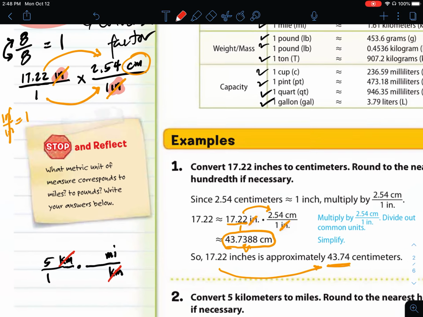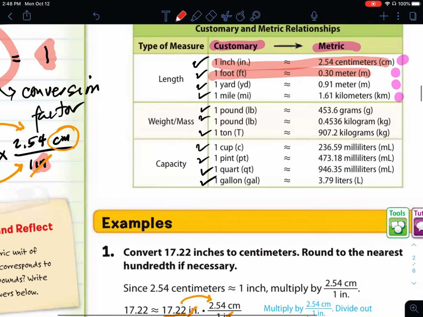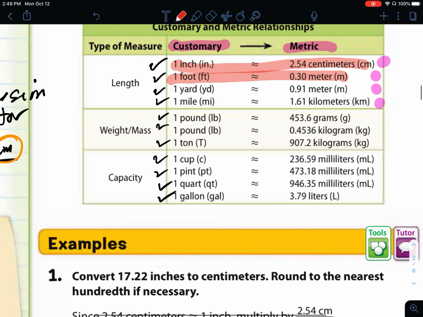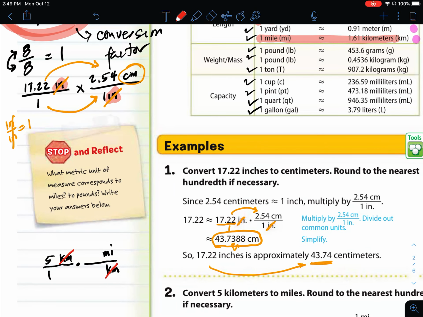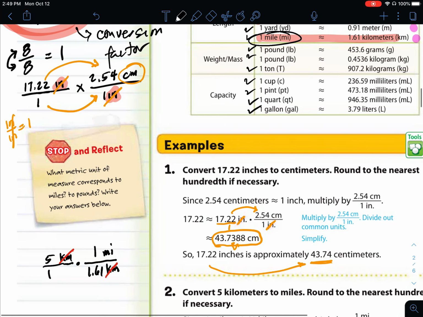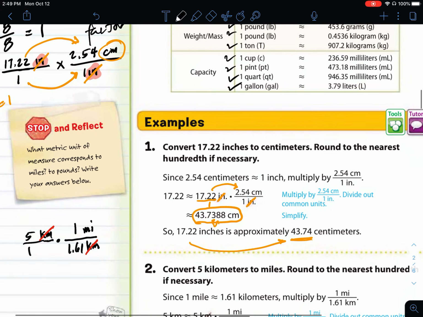Now let's see where you can see miles and kilometers. So here, look at our table again, here you see your miles and kilometers. So we know it's 1.61 kilometers. So we're going to put here 1.61 kilometers is equal to 1 mile right there, 1 mile.